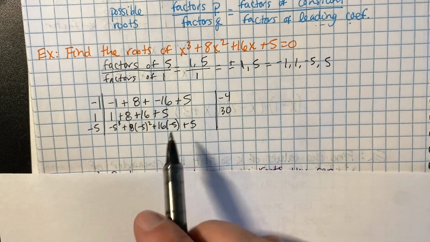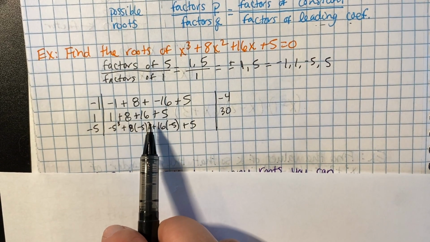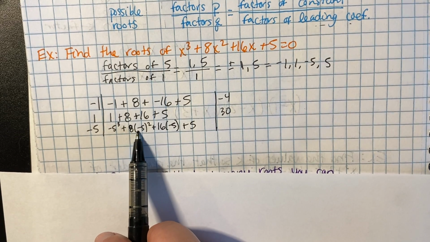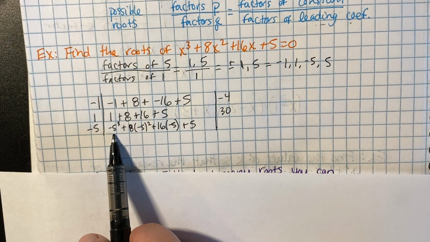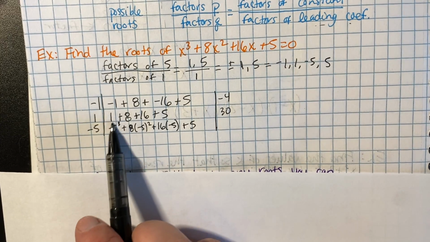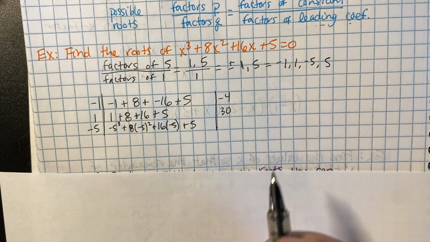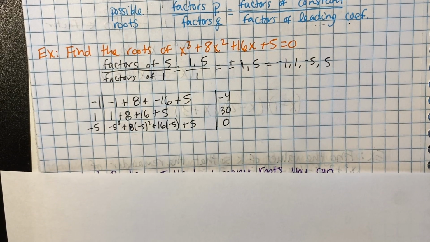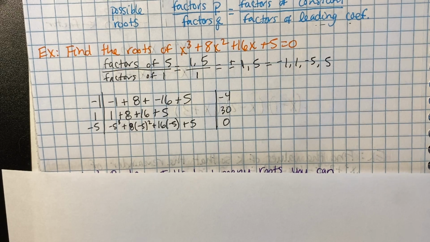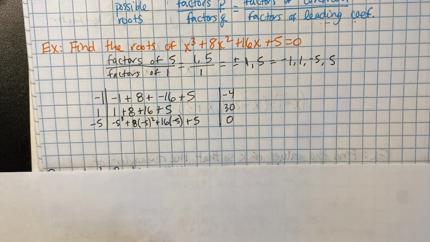Make sure that for the squared units, any even powers, that negative sign gets inside of the parentheses. And in this unit here, this piece will be a negative. So when you solve that all out, you come out with an answer of 0. So we know that -5 is one of our roots.